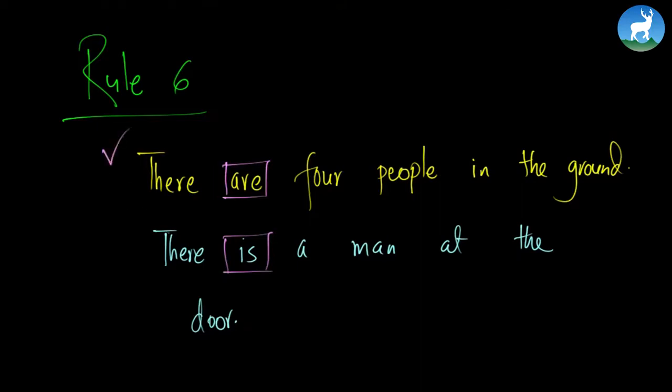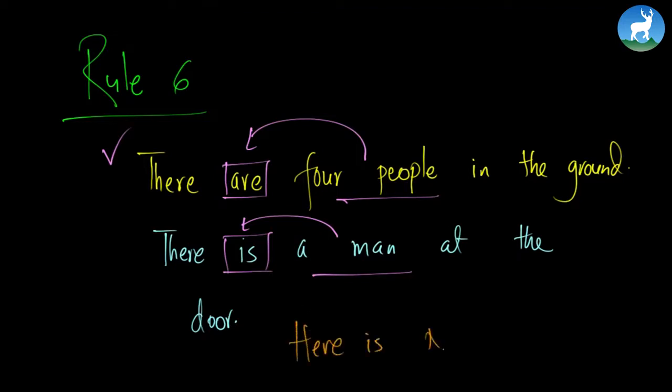What determines the verb? In fact, the subjects determine the verb. Four people is a plural subject, so it takes a plural verb. A man is a singular subject, so it takes a singular verb. Another example is this: "Here is New York." So "is" is used because New York is singular.